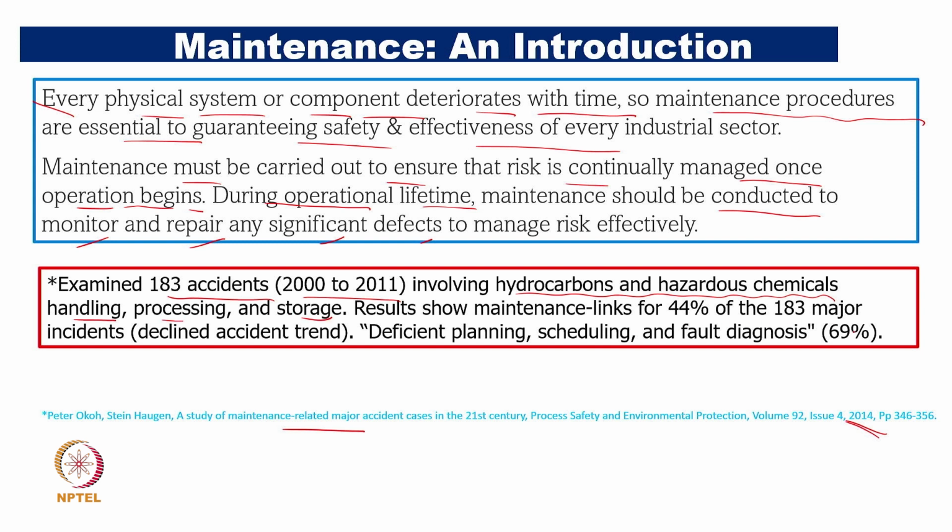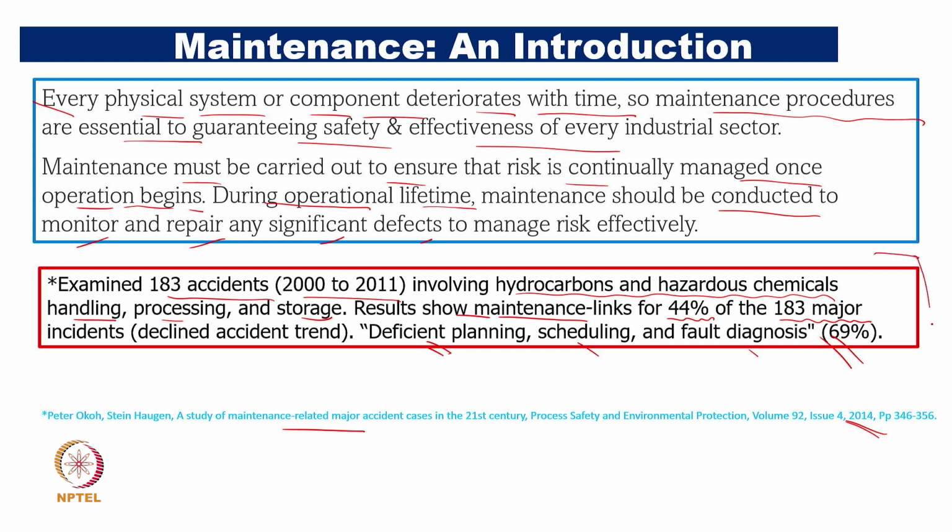They found that out of 183 major accidents, around 44% happened because of maintenance lacking. And in addition, around 69%, in a slightly different manner, involved deficient planning, scheduling, and fault diagnosis.